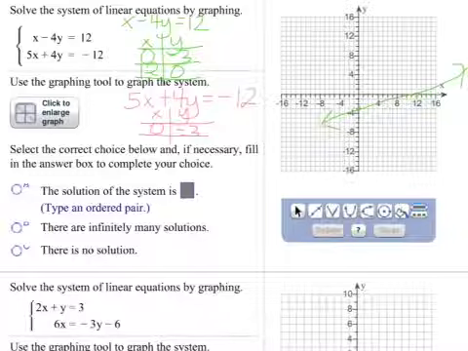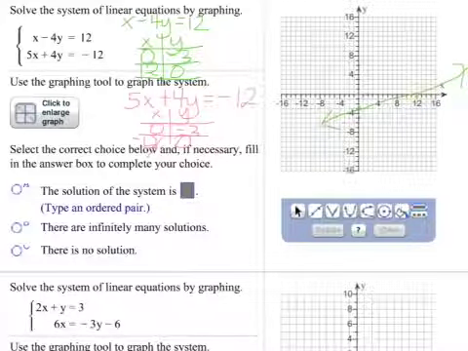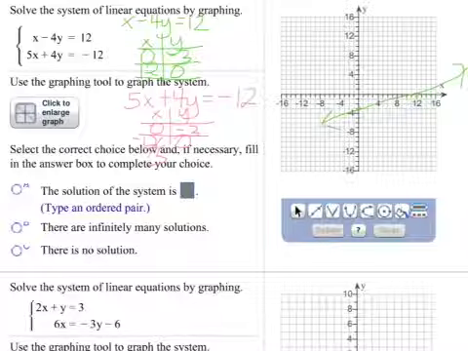Now if I try to substitute 0 for y, the problem is if I put 0 in for y, I've got 5x equal to negative 12, and that's not going to be a nice whole number. In fact, it turns out to be negative 12/5, and that's hard for me to graph. So I'm going to have to think of another method in order to graph this line.